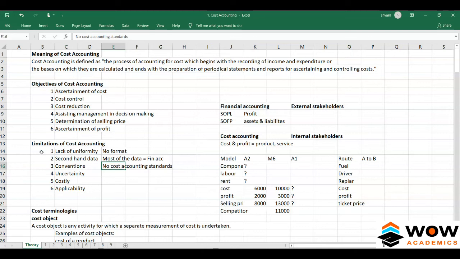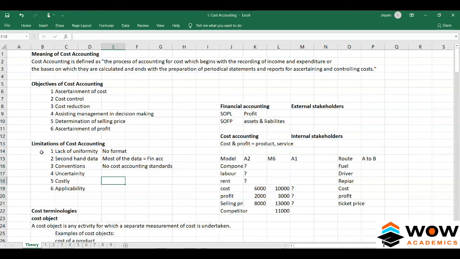Another thing is, if you have one cost accountant for some 5 years and he quits the job, and you put in a new cost accountant, the numbers they capture would be way different, because there's no accounting standard. Each cost accountant will have his own opinion. So this leads to uncertainty.